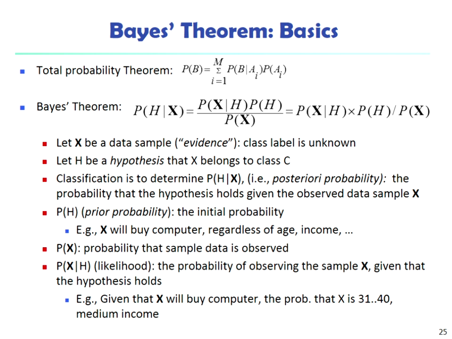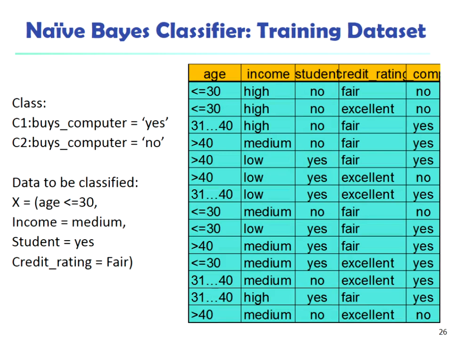The total probability theorem: the probability of B equals the sum for i equals 1 to M of the probability of B given Ai multiplied by the probability of Ai. I will move directly to an example to explain how we can classify data based on Bayes' theorem.